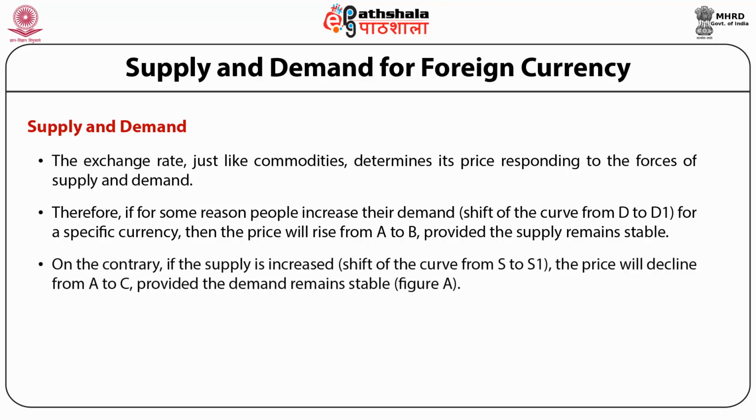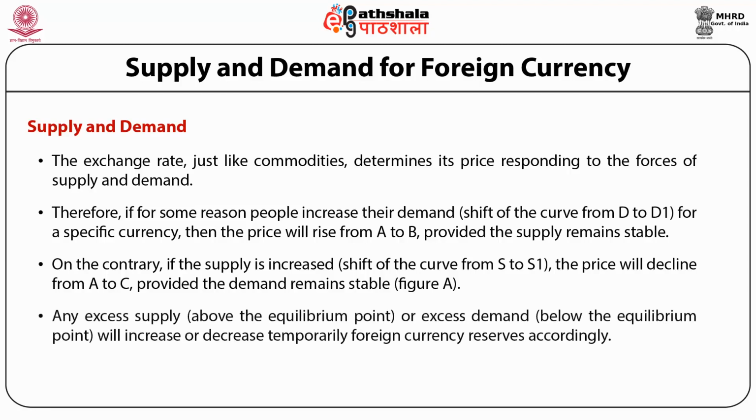On the contrary, if the supply is increased, that is, there is a shift of the supply curve from S to S1, the price will decline from A to C, but provided the demand remains stable. It is shown in figure A.